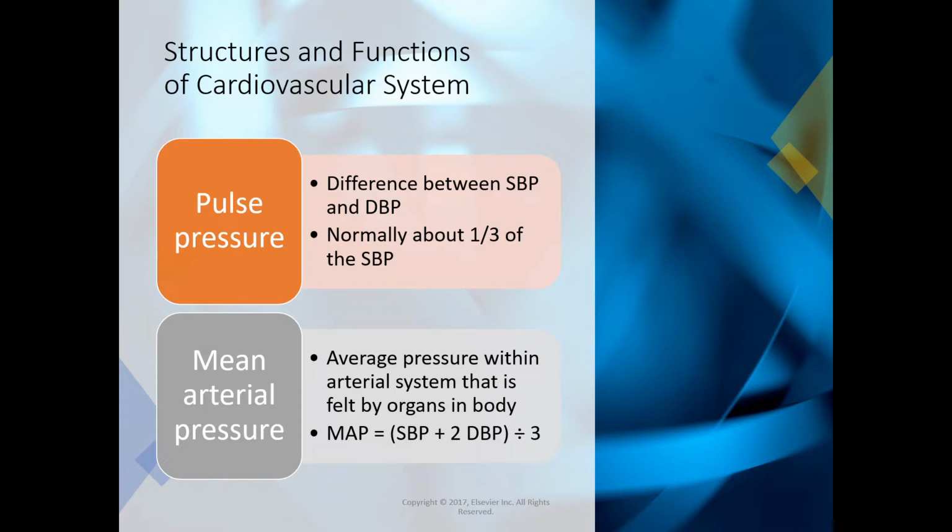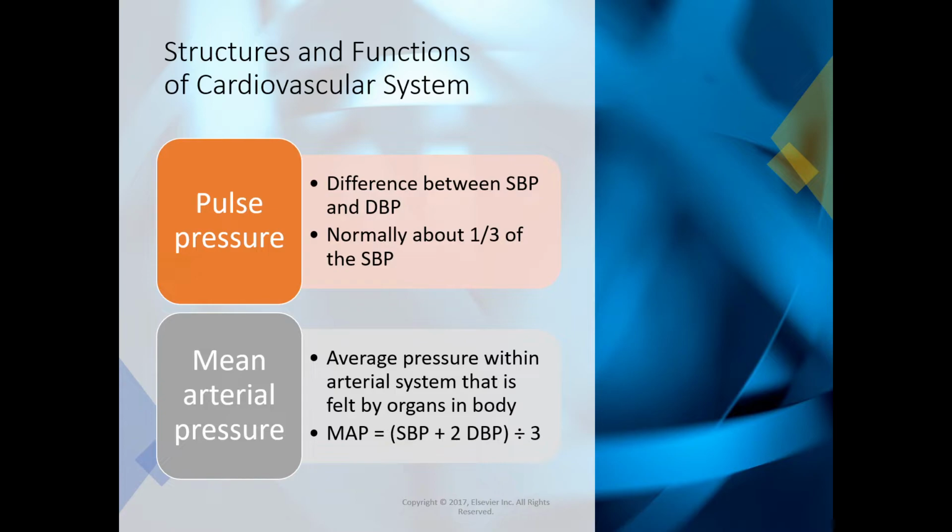This is something that I think is often overlooked, unfortunately, the pulse pressure I'm referring to. And really, it's the difference between the systolic and the diastolic. So the top minus the bottom, right? It's normally about 1/3 of the systolic. So for example, if you have a blood pressure of 120/80, your pulse pressure will be 40, right?